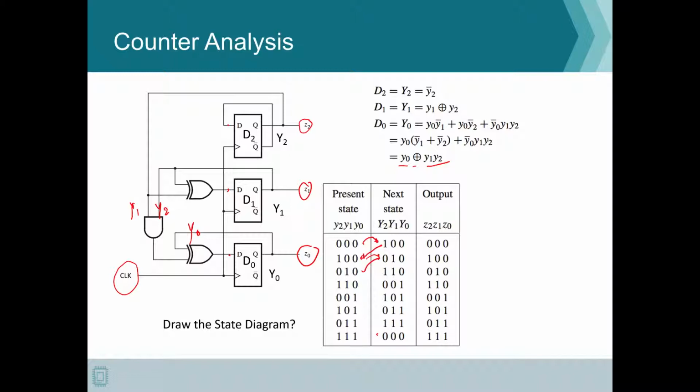Similarly for D1, it's basically an XOR of Y1 and Y2. So that's what we have here. And for D2, it's simply fed Y2 bar.